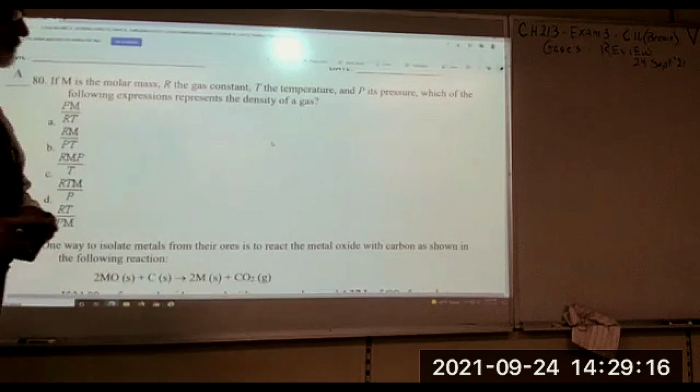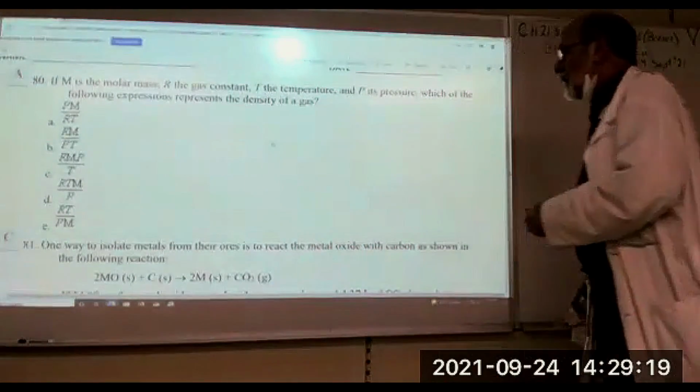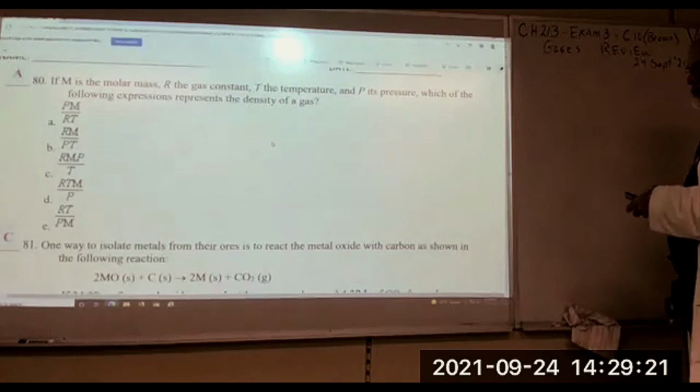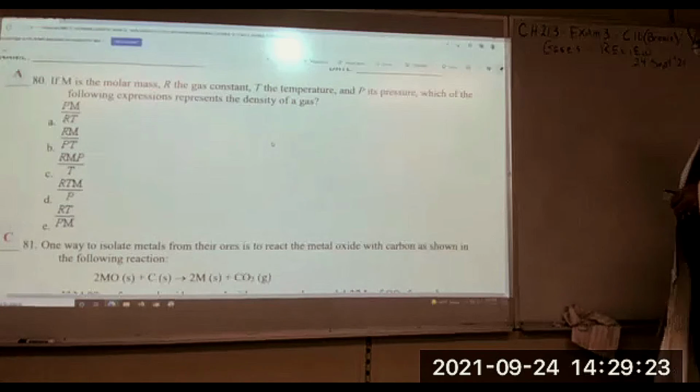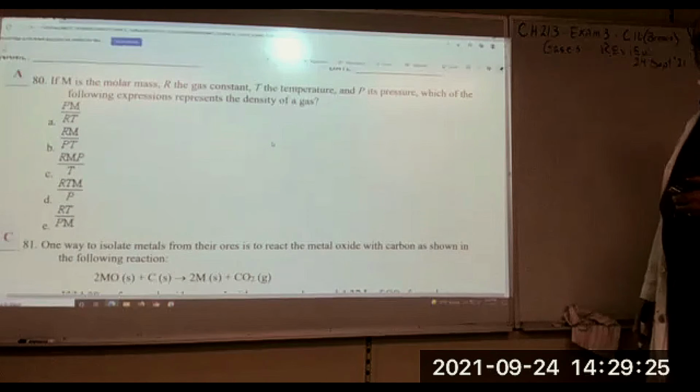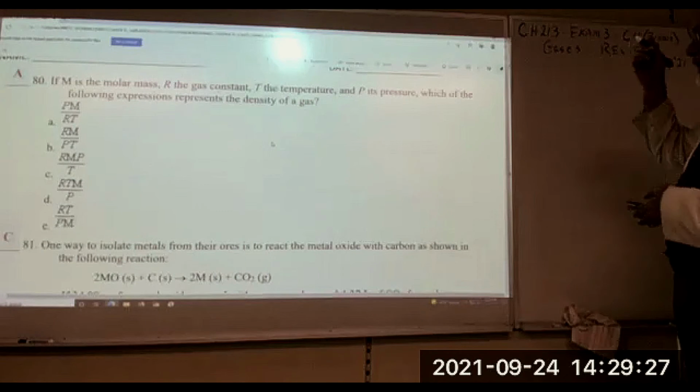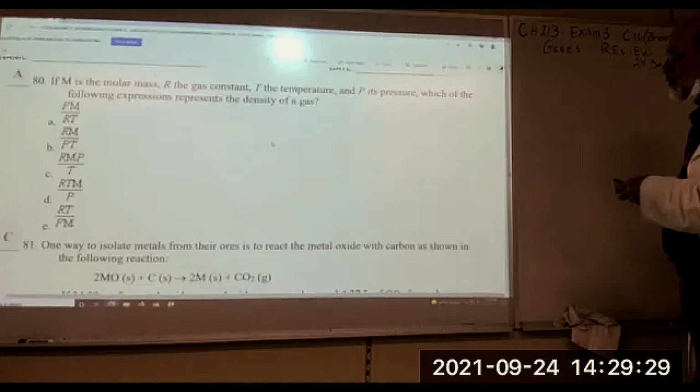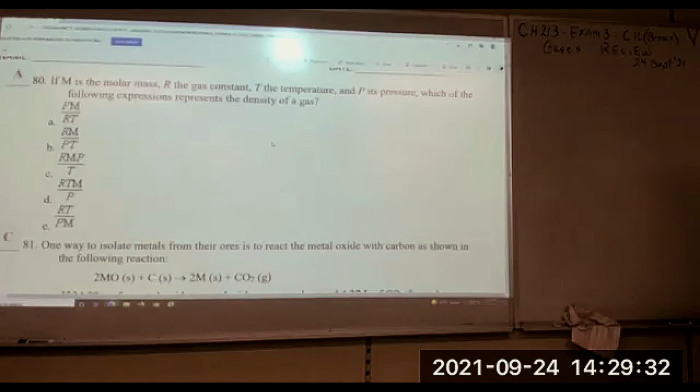There we go. If M is molar mass, okay, so I can't use MW, molecular weight. You have to say big M for molar mass. R is the gas constant, T is temperature, P is pressure. Which of the following expressions represents the density of a gas?